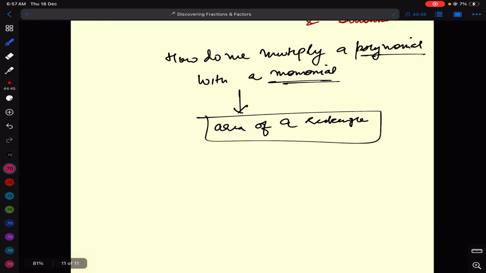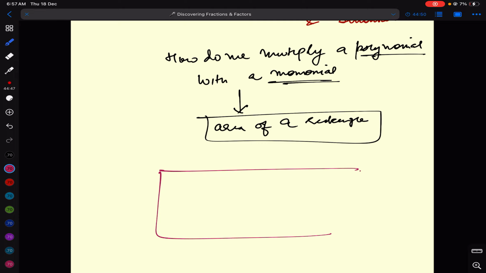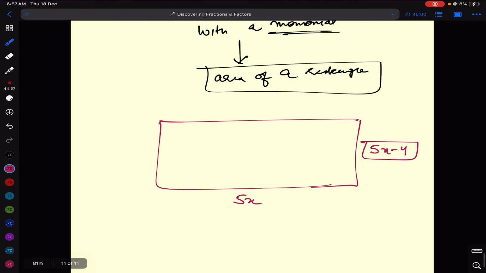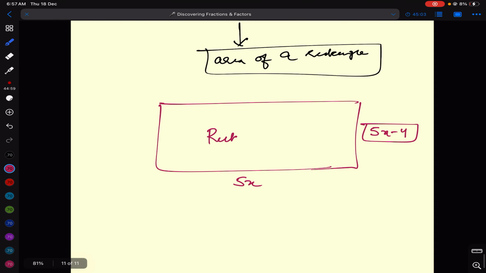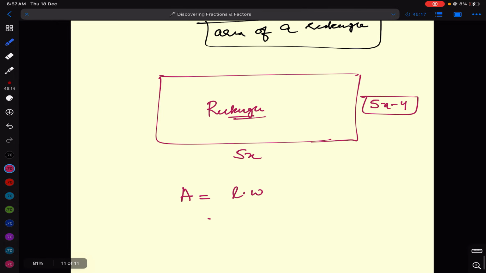Okay, let's assume there's a rectangle wherein the width is 5x minus 4 and the length is 5x. Now this is your rectangle. We know that the area of the rectangle is given as length times width. Now what is length here?